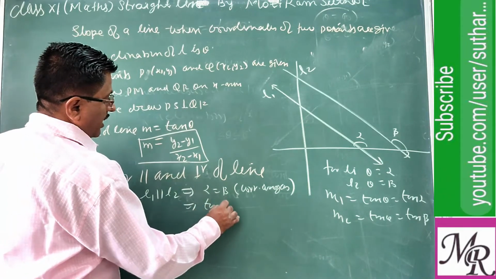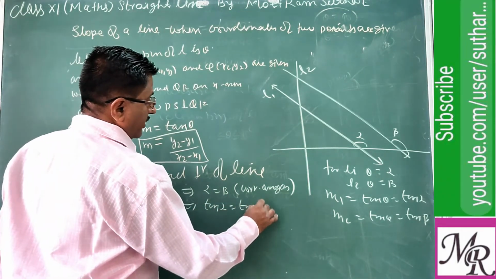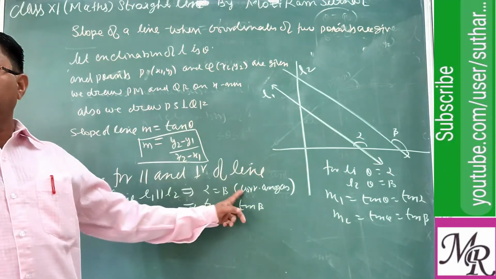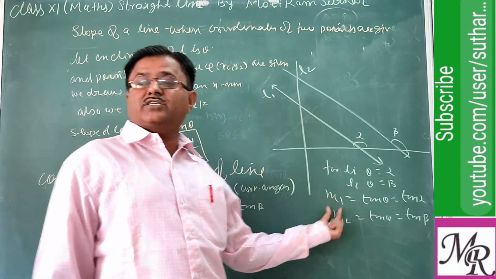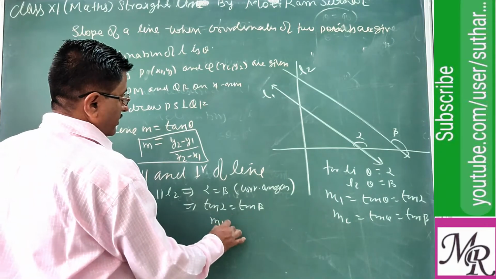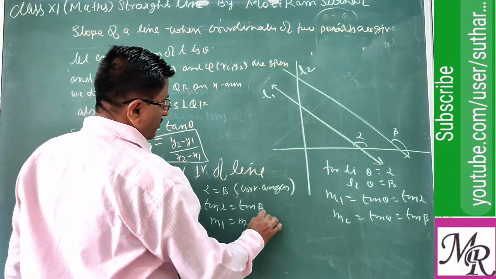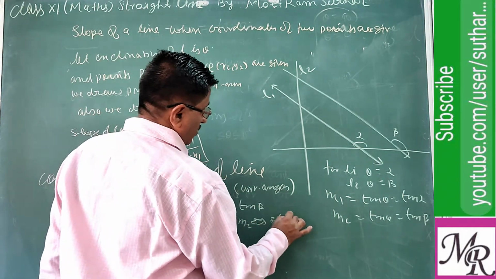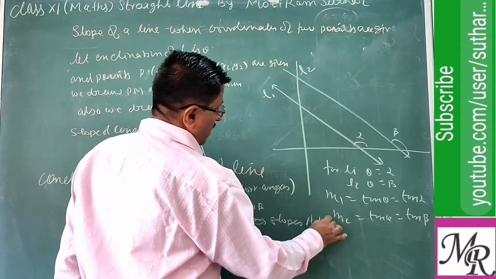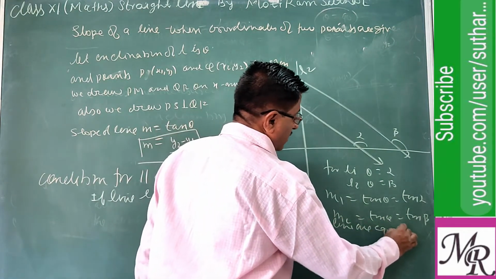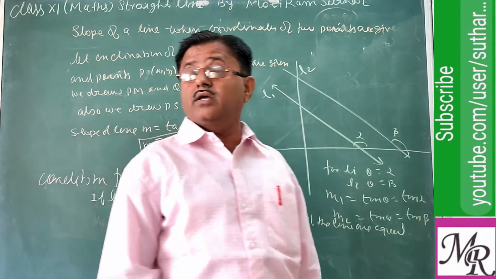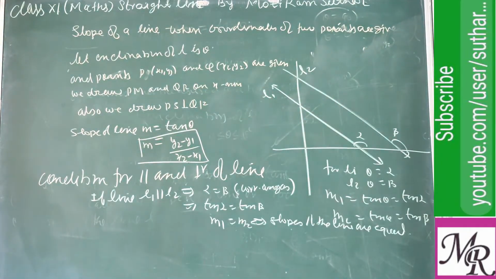So tan alpha equals tan beta, taking tan on both sides. Tan alpha means the slope of the first line, tan beta means the slope of the second. So what do we prove? Slopes of the lines are equal. Clear? In this way, one can find the condition.